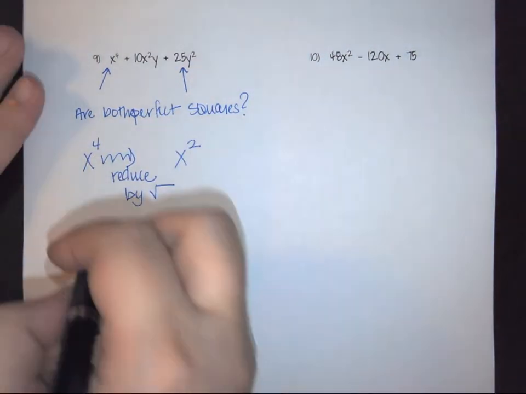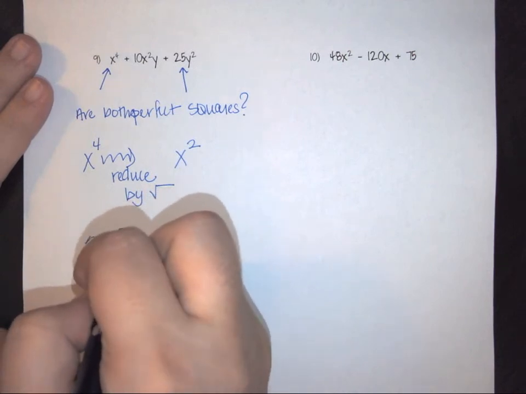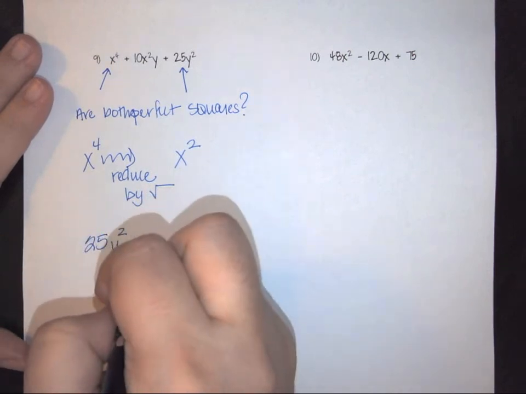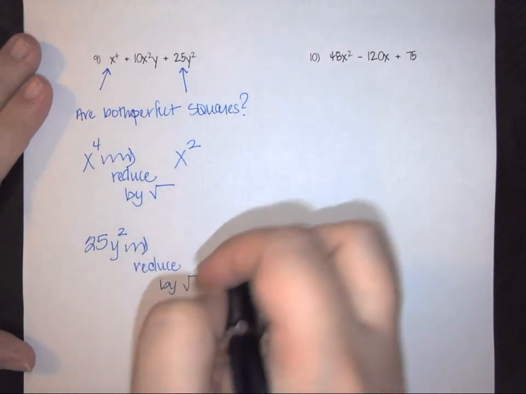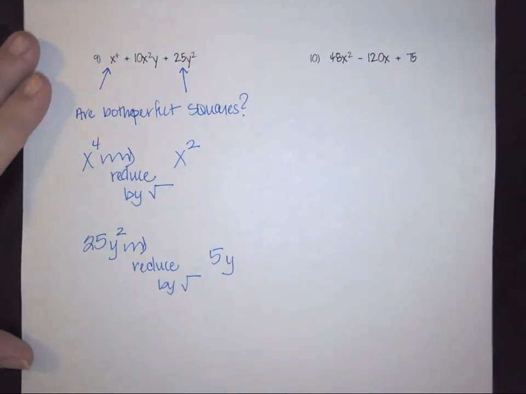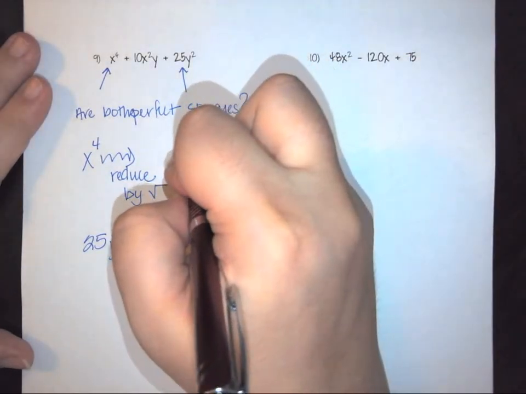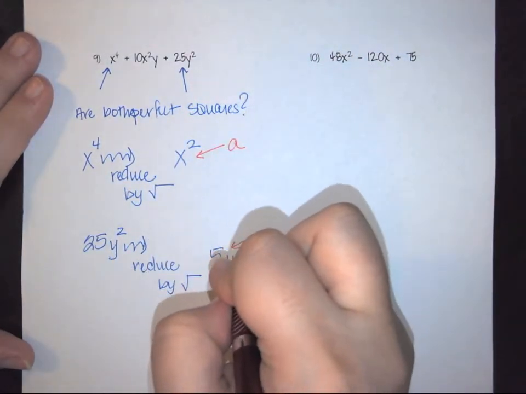And then I have 25y squared, which again, when I reduce by taking the square root, I end up with 5y.